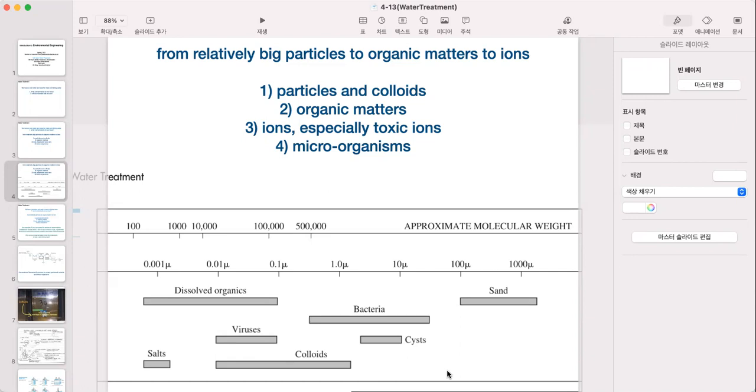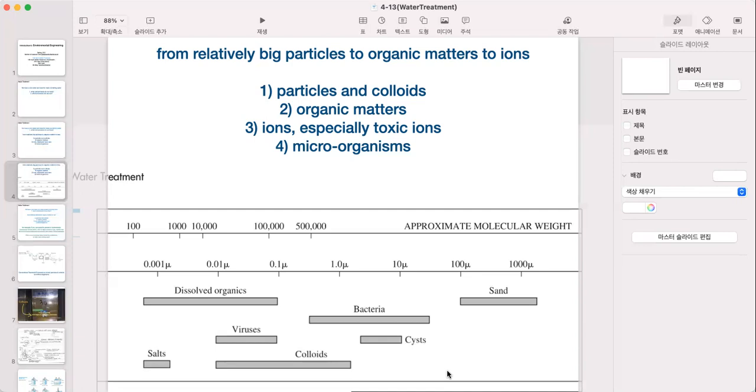The particle is higher than that. So once again, for every filter to prepare a sample prior to your experiment with water, you have to use a 0.45 micrometer filter to prepare your sample, because you would like to remove all the particles. Okay, that's why.